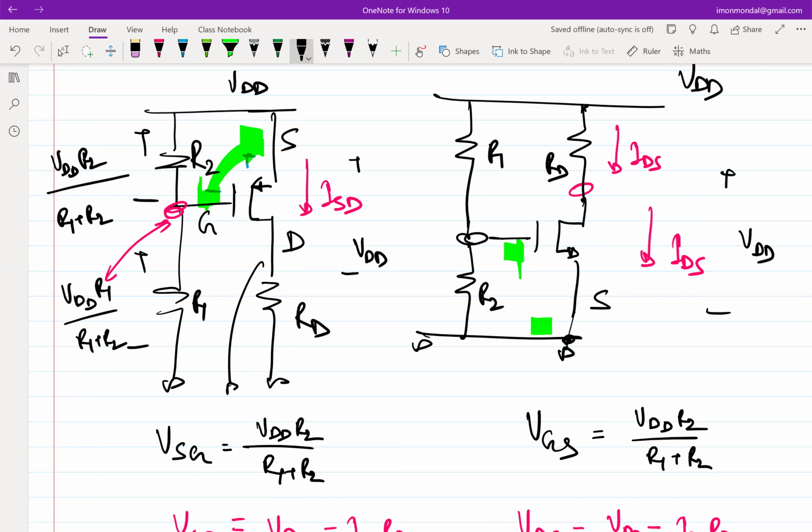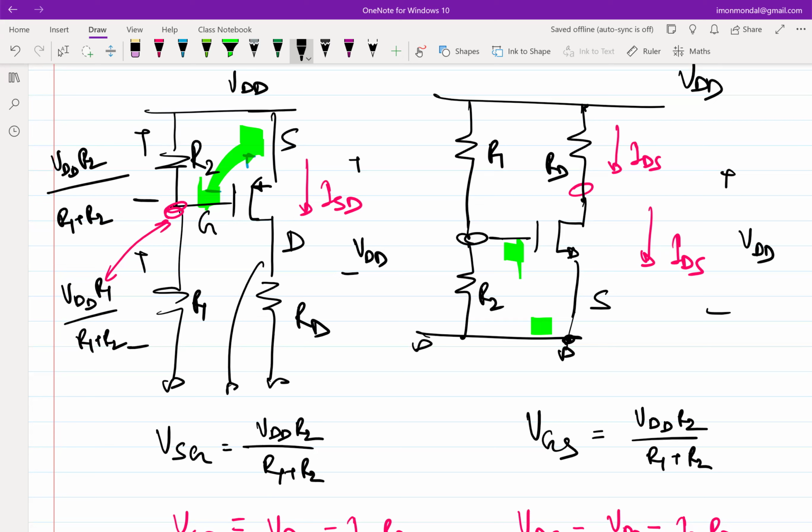That's all, in that quiescent state. In the incremental state, as we saw, identical. We'll see the incremental model of the common source amplifier. As far as the quiescent states are concerned, are you convinced that these two are the same?